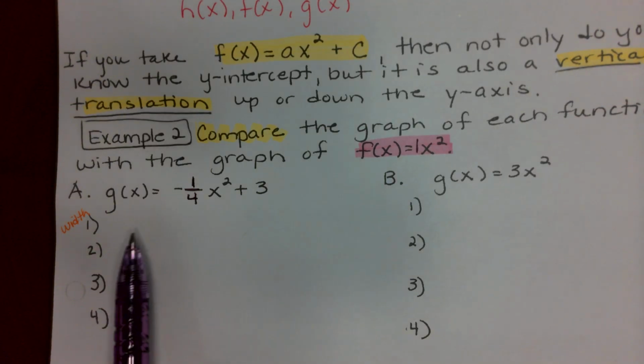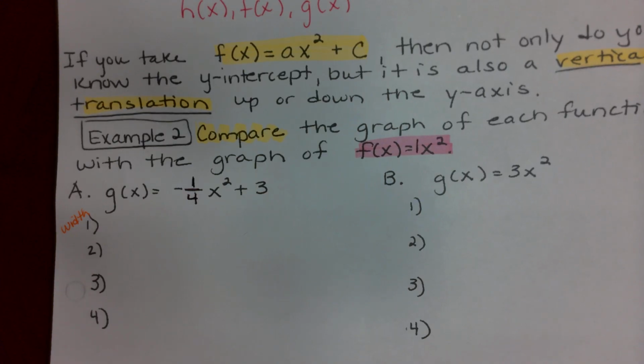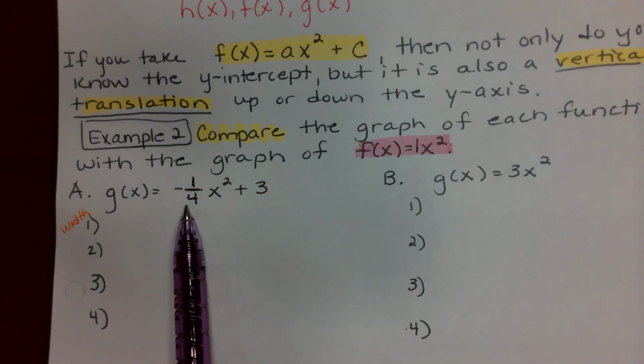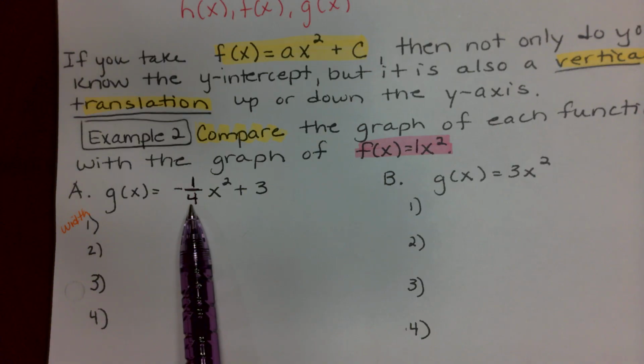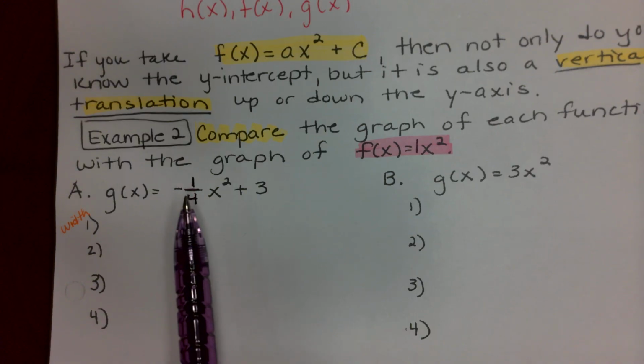It doesn't matter which way you go, but you should say one of them is wider than the other, or one of them is narrower than the other. So let's just look at it this way. Is this going to be wider than this, or is this going to be narrower than this? Right, wider. It's smaller than this, so it's going to be wider.